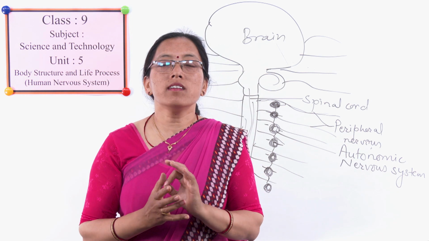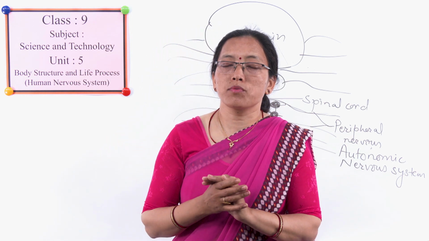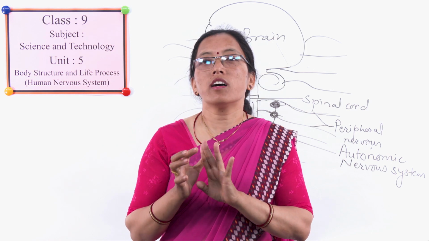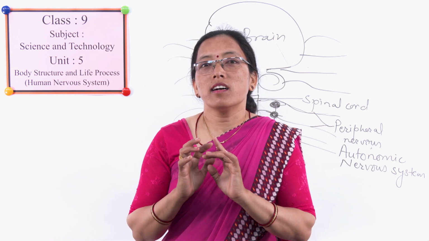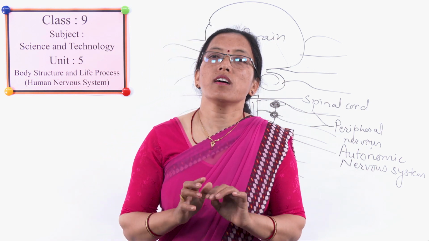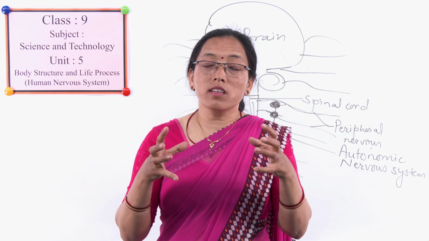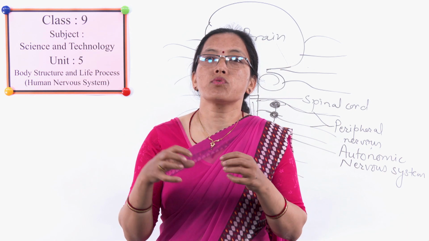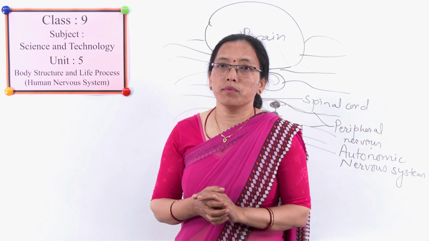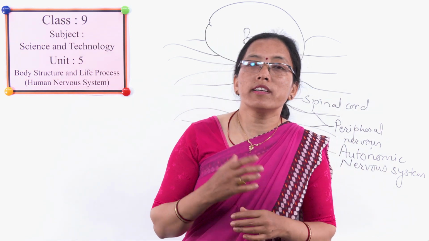Similarly, we have learned about the different nerve fibers: sensory or afferent nerves, motor or efferent nerves, then interneurons or connecting neurons. These all help us transmit information from one part of the body to another. And we also learned about reflex action.